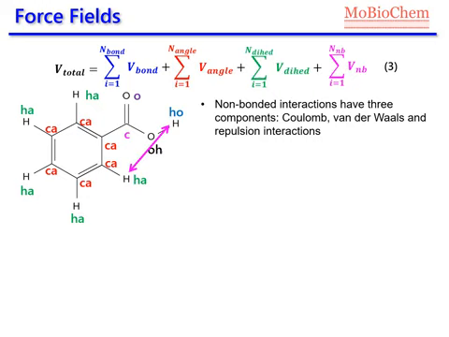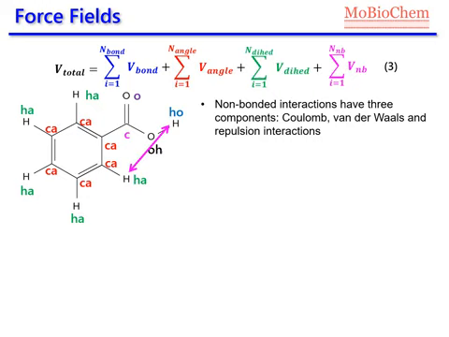If we want to have the polarizability included in our model, we need to use another type of force field, which are called polarizable force fields. But this will be the subject of a future lecture. For the moment, let's focus on the simplest force fields.